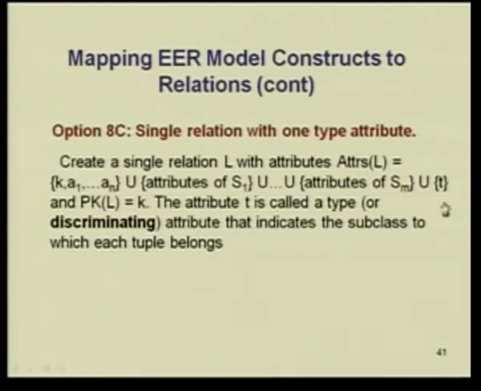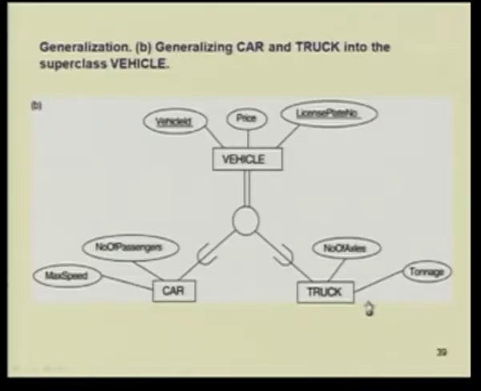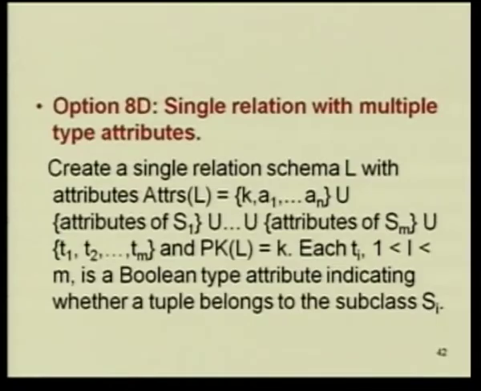And you will have an additional attribute T. This attribute is called a type or discriminating attribute that indicates the subclass to which that particular tuple belongs. It is like having a flag saying which subclass it is. So, that is the third type.